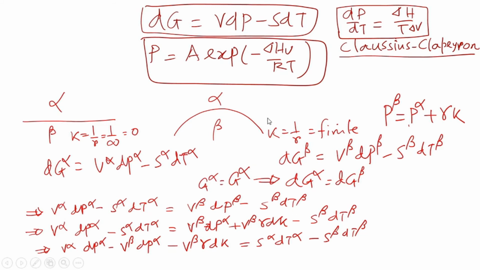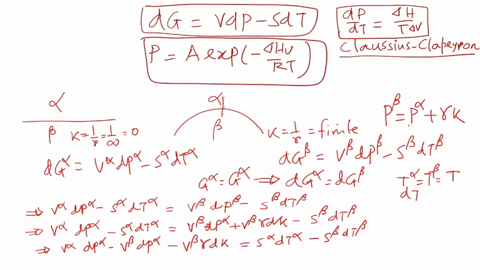So temperature must be continuous. It has to be. Temperature cannot differ between these two. If I draw a line like this, the temperature of a soap bubble outside and inside, does it differ? No. It doesn't, right? So therefore, T alpha is equal to T beta is equal to T.